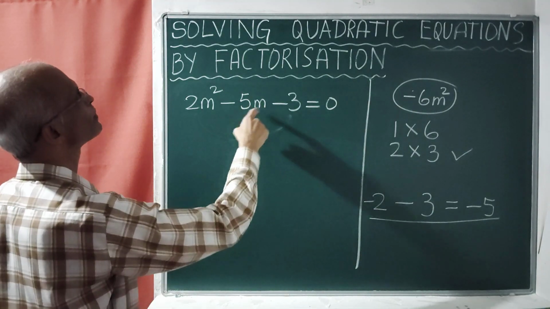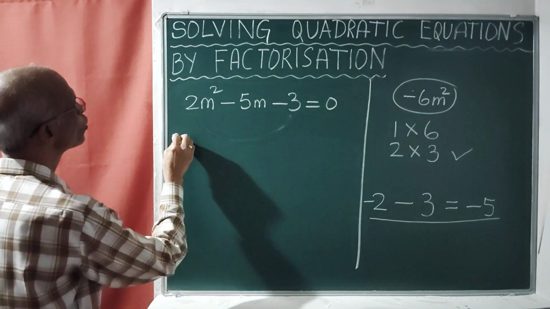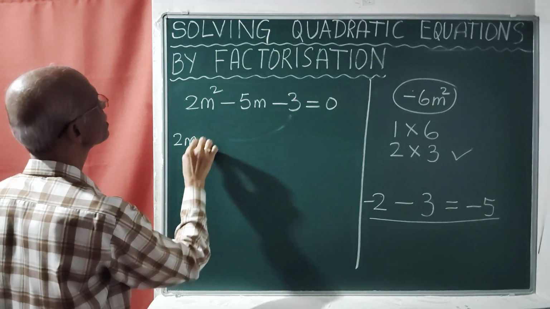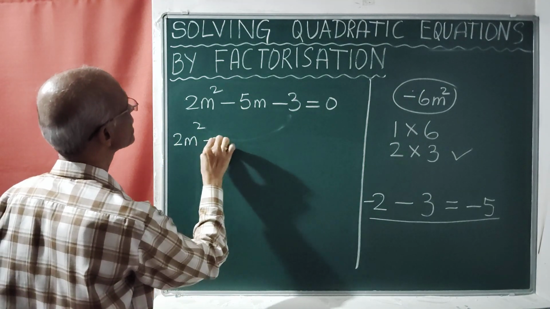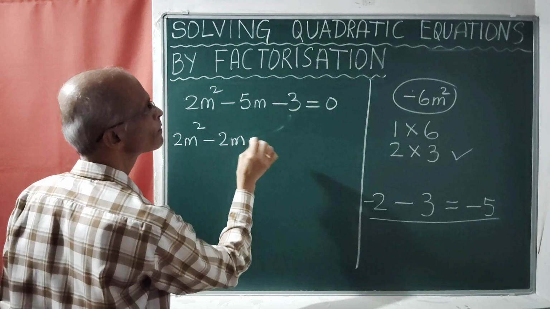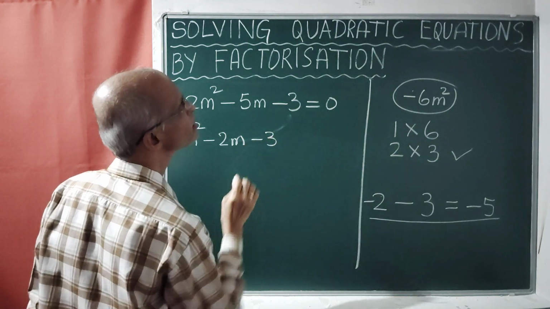So this term will be split into two parts. 2m square minus 2m minus 3.